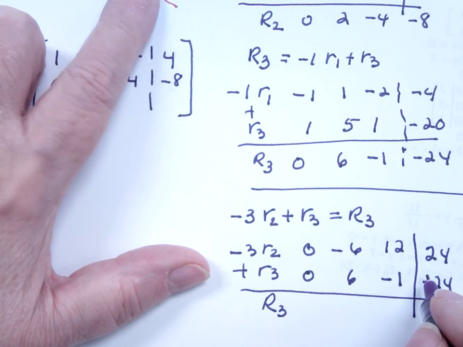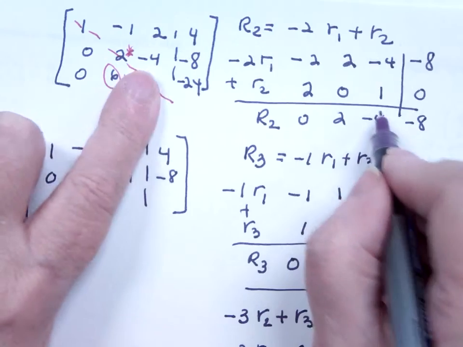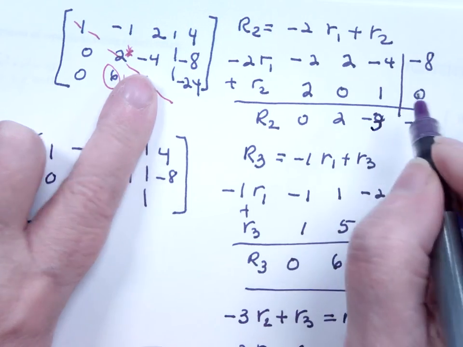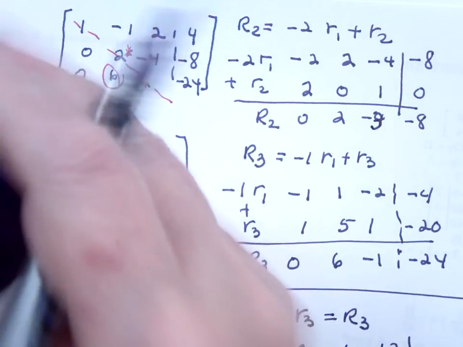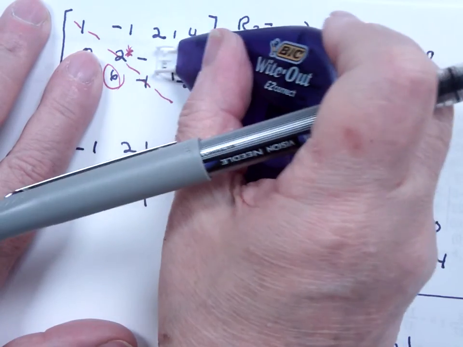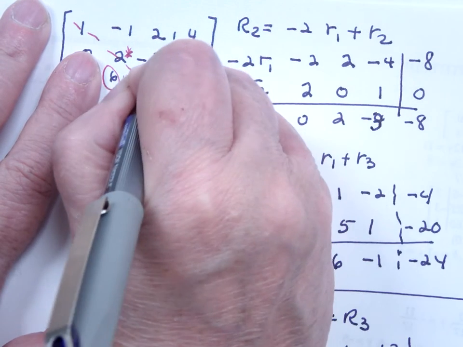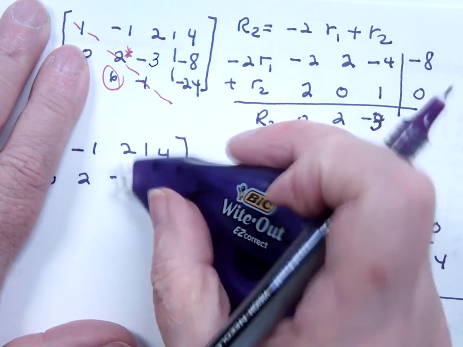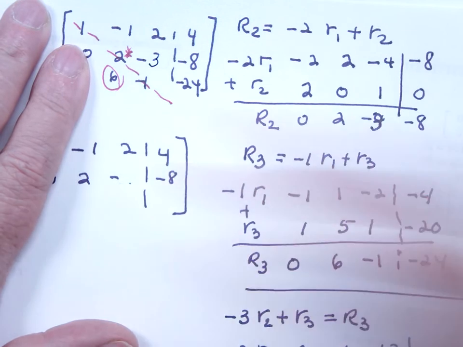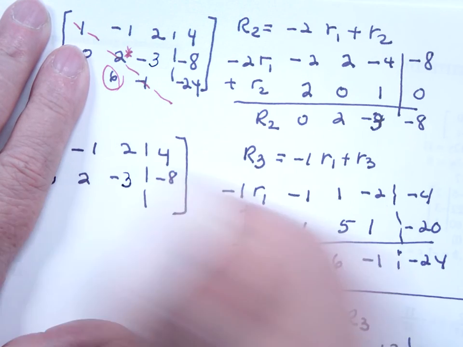Right here, this should be a negative 3. So this should be a negative 3. This should be a negative 3. Fortunately, it's not going to make any difference, but I'm lucky that way.